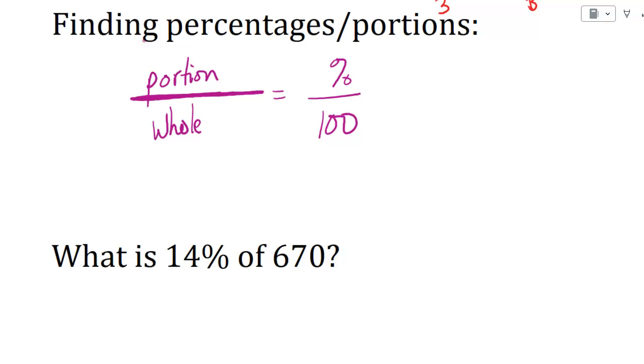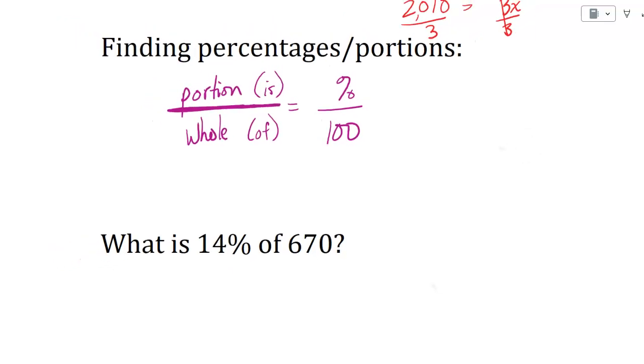So when these are written out, you can think of it as "is" and "of." If you read the question, what is this number, "is" is the portion, and "of" is going to be the new whole. So is over of equals percent over 100, or just the portion over the whole is equal to the portion over the whole. It's just percent over 100 when we're talking about percentages. So keep that in mind.